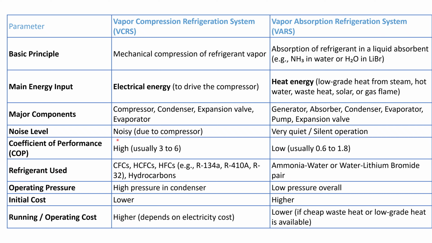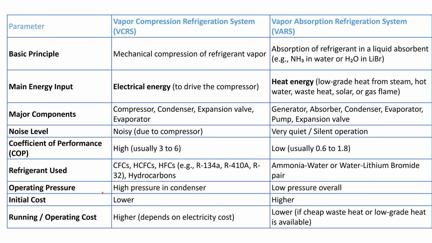The noise level: VCRS is noisy because of the compressor, and VRS is very quiet. Then the coefficient of performance would be high for VCRS because it is a refrigerator which uses refrigerants like CFC or HFC, but VRS performance is lower. Then the refrigerants used are CFC, HCFC, HFC, and in the other case we have seen ammonia-water.